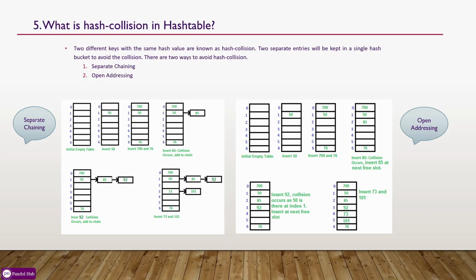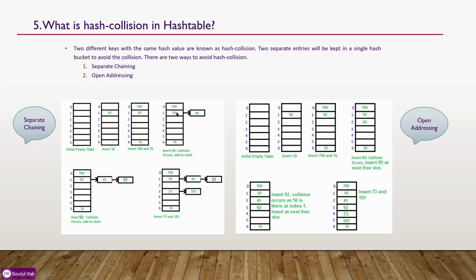So here is a pictorial representation of it, for example. Initially it is an empty table and we are trying to insert 50, and based on the hash code it gets added into the first bucket. Again we insert 76, and it gets inserted into the zeroth bucket, and then into the sixth bucket, and then insert 85.